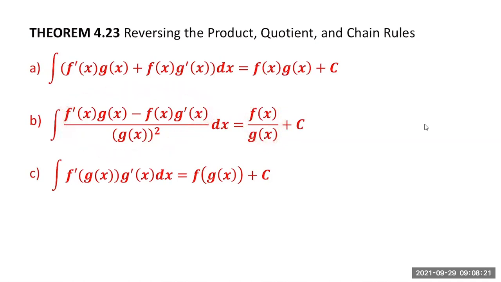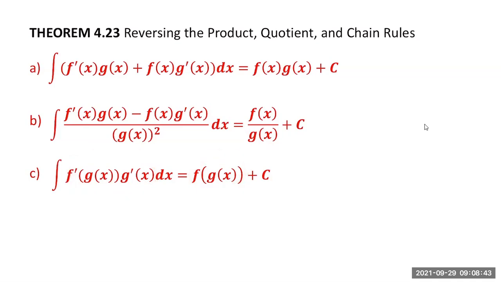That's so straightforward. And then the last formula we have is the indefinite integral of f prime of g of x times g prime of x is equal to f of g of x plus c. Again, this follows from the fact that this is an antiderivative of this function.